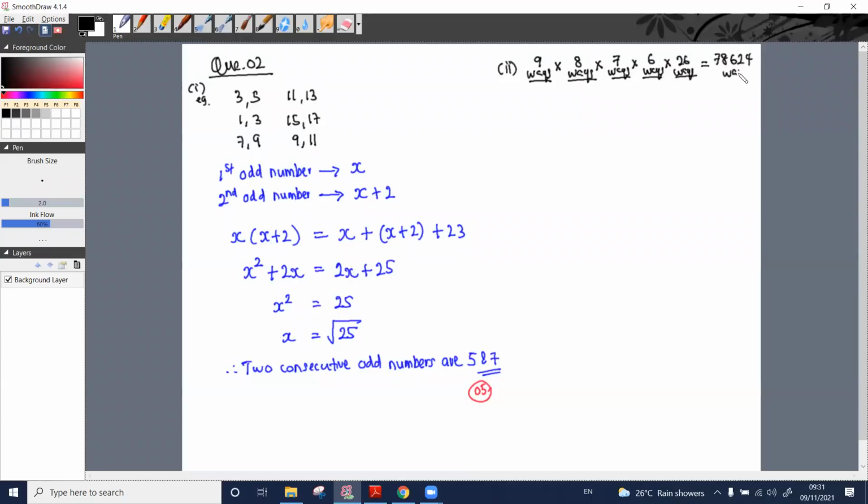We can make 78,624 different number plates. So if you got this one correct, then give yourself 5 marks.